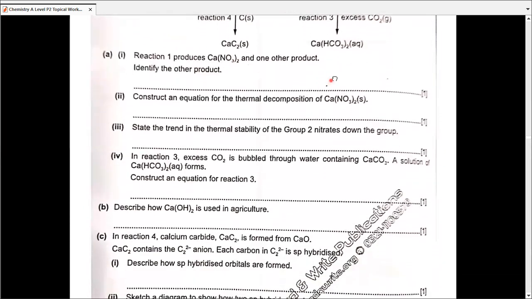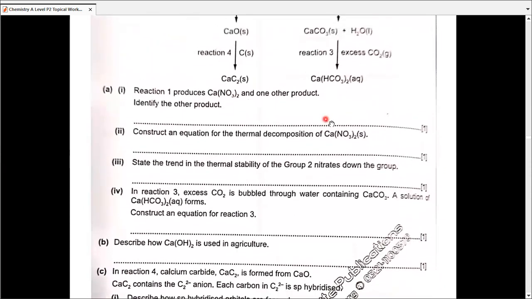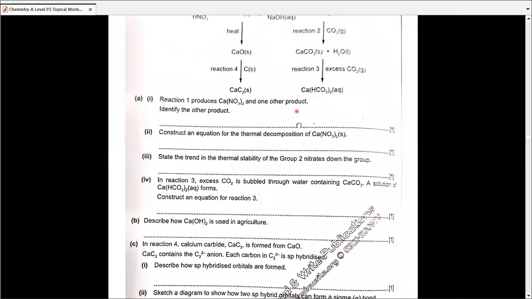Okay, so number 4. Let's zoom it out a little bit more since you might require the top of it. Number 4.